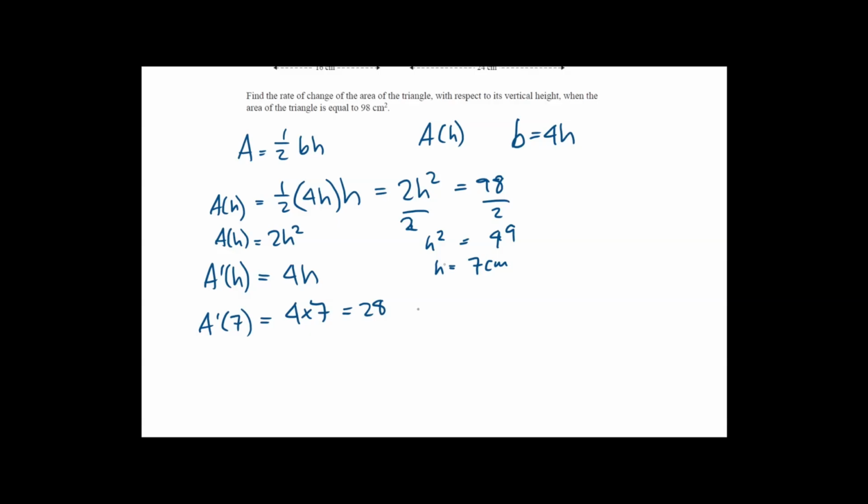Now, what's the unit going to be? It's going to be change in area over distance, so it's going to be centimeters squared per centimeter. It's an interesting unit, and it's going to cancel to centimeters, I guess. But 28 is going to be our answer, and it's this wacky unit here. But 28 is the main bit we're really after.